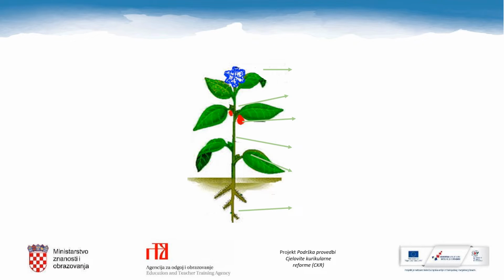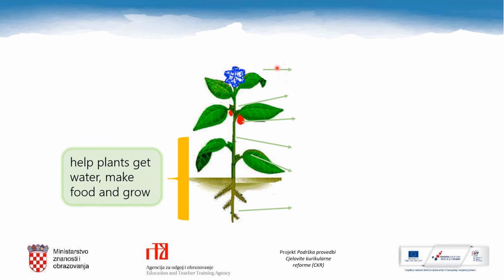Today we are going to learn about the parts of a plant. Plants have 6 parts. 1, 2, 3, 4, 5, and 6. 3 of them help plants get water, make food, and grow.